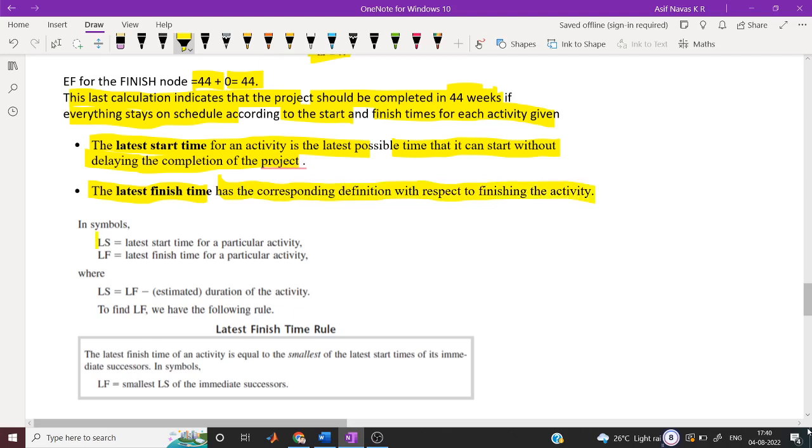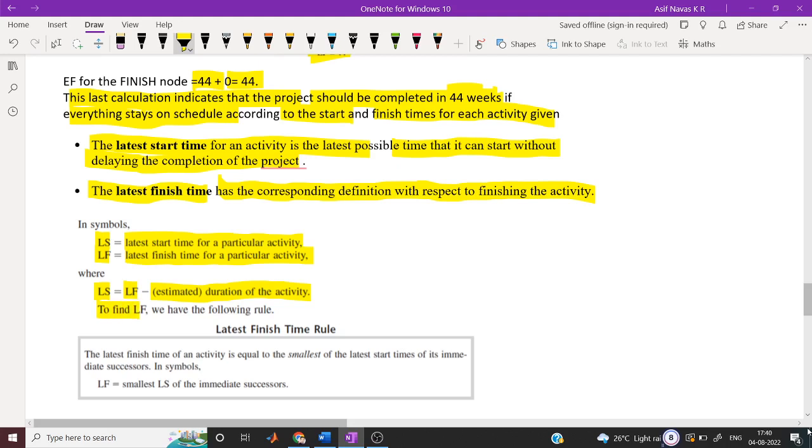So LS is the latest start time of the particular activity and LF is the latest finish time. LS is equal to LF minus the estimated duration of the activity.